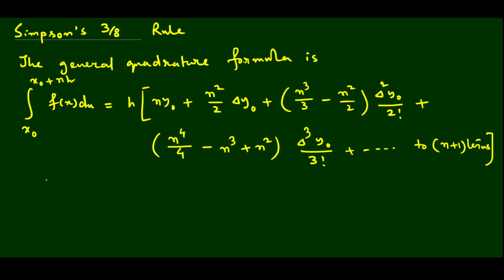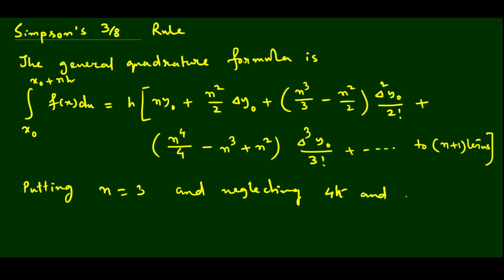So after writing the general quadrature formula, let us put n equals 3, neglecting fourth and higher order differences.